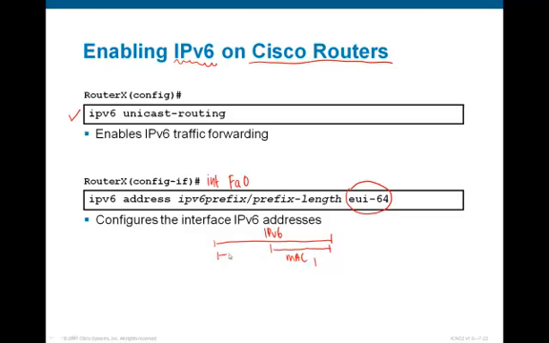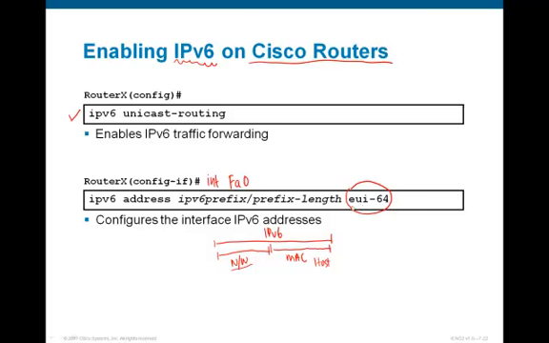We just have to plan the network component, the prefix. So this is equivalent to the network component in IPv4. The host component will be filled in by incorporating the MAC address of the interface.